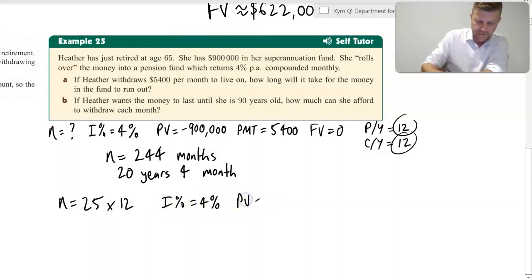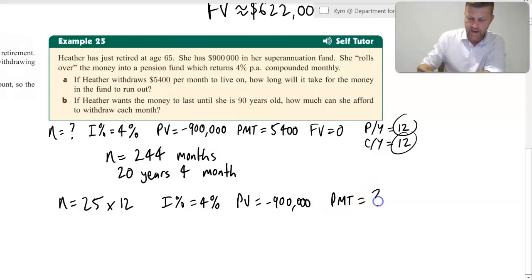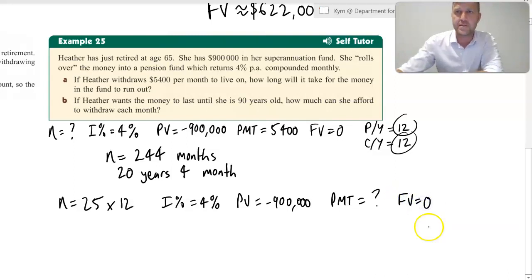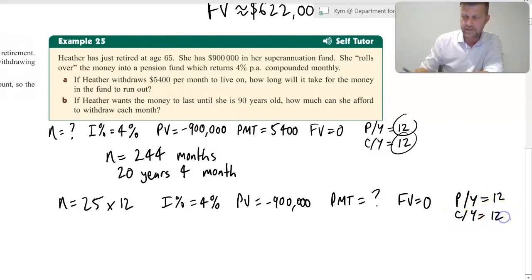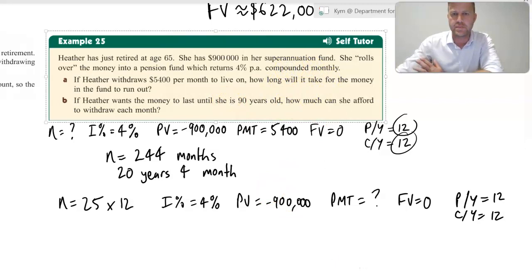The present value she starts with at age 65, retirement age, is as above, $900,000. PMT is now what we're asking it to work out for us. How much can she afford to withdraw if she wants it to last that long? Again, we're going to drain that super fund to $0, and PY and CY will again be 12 based on being compounded monthly.